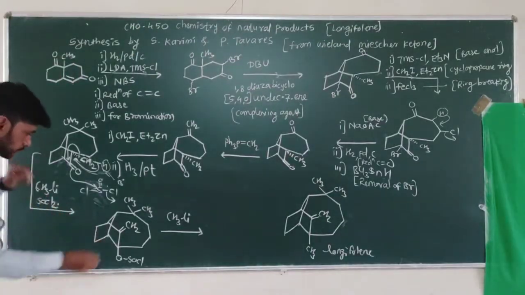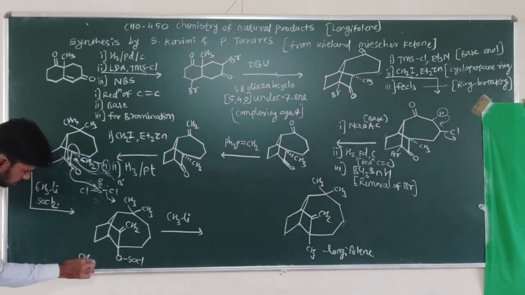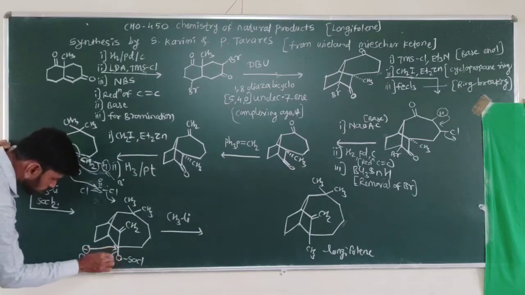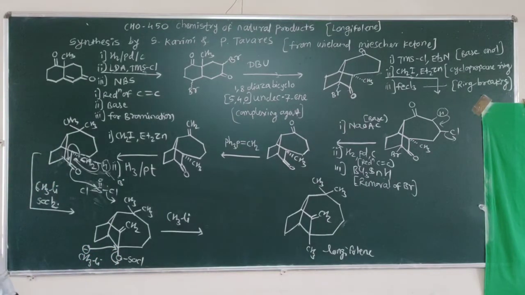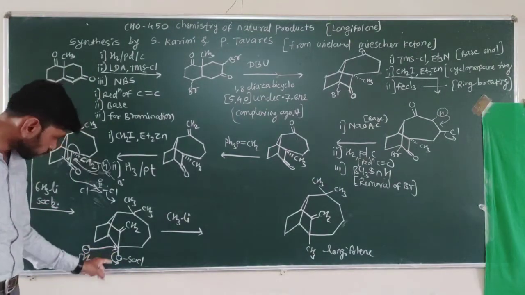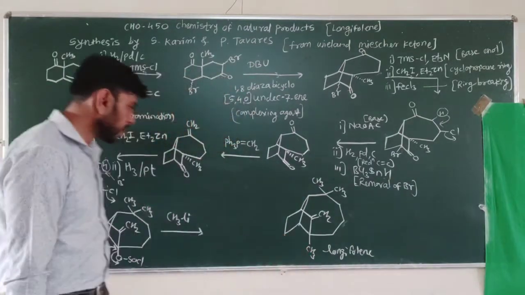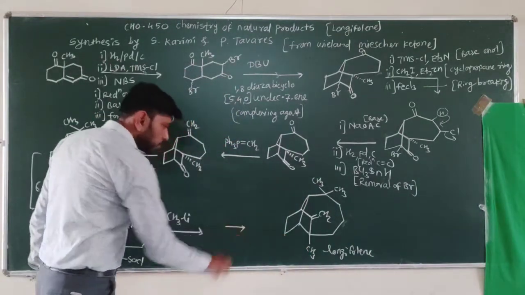From this, see here, the second mole of CH3Li. Now it acts as a nucleophile, so that the substitution reaction took place. So OSOCl is removed, and CH3 is attached, and we get the structure of longifolene here.